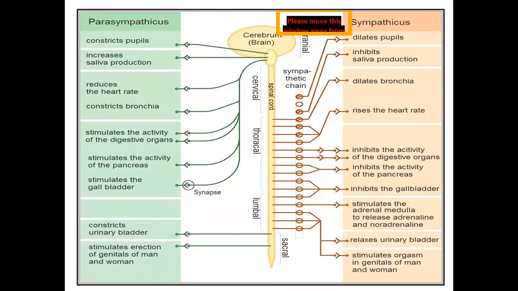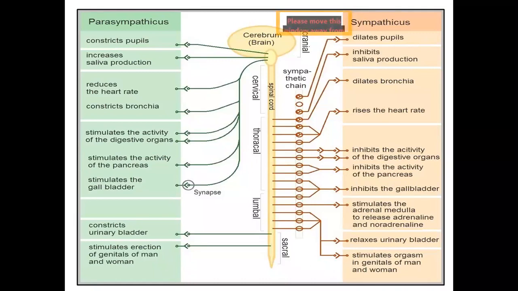So the parasympathetic nervous system works antagonistically with the sympathetic nervous system. If the sympathetic nervous system increases the heartbeat, then the parasympathetic decreases the heartbeat. If the sympathetic dilates bronchioles in the lungs, the parasympathetic constricts the bronchioles. Sympathetic decreases peristaltic movement in the intestine, whereas parasympathetic increases.